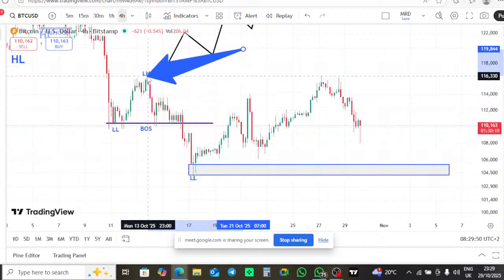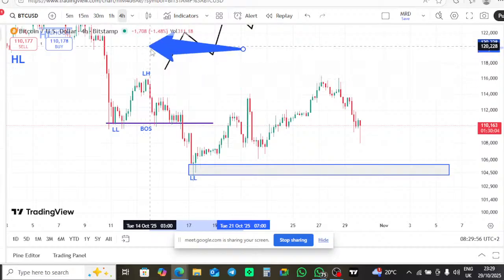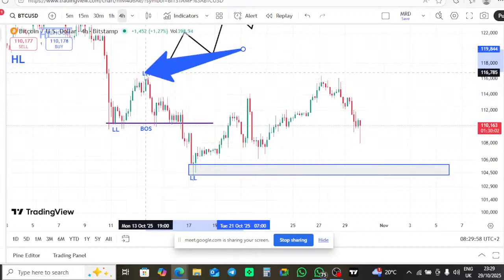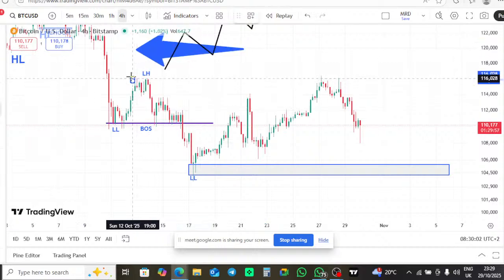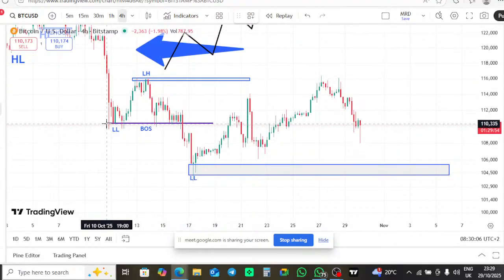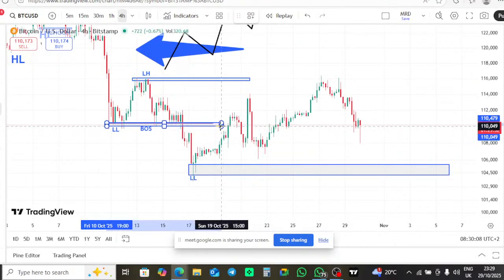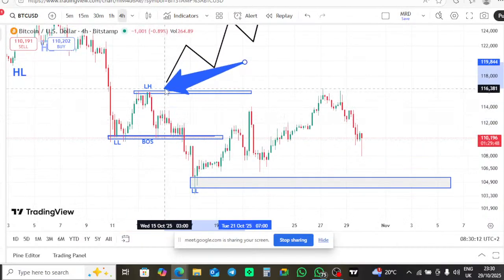Now, at this point, this was the resistance after the market failed to continue moving up, and it decided to drop down. Therefore, this was your resistance here, though you had a support here. You had a support here. So, you must monitor the market within these points.